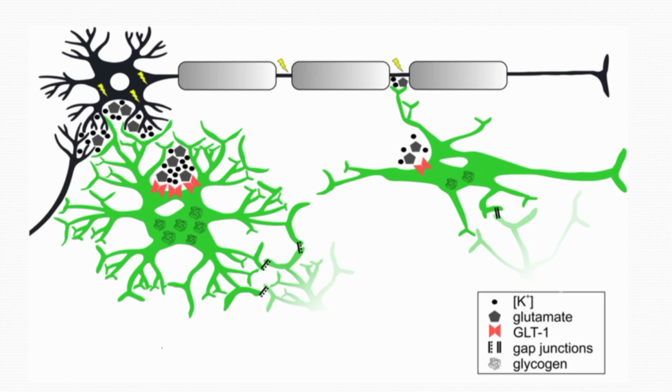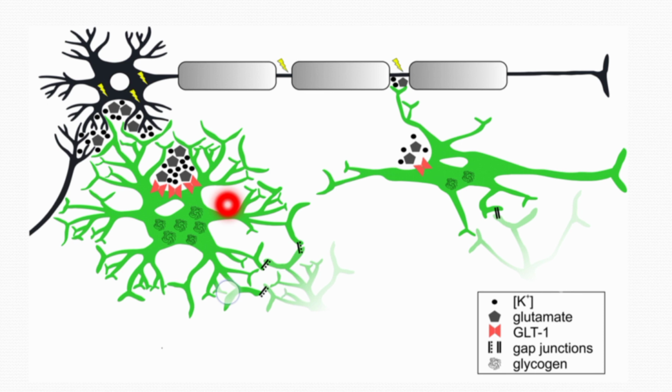Now astrocytes are again of two types, that is protoplasmic astrocytes, which are found in the gray matter, and fibrous astrocytes, which are found in the white matter. Now there are differences between these two.